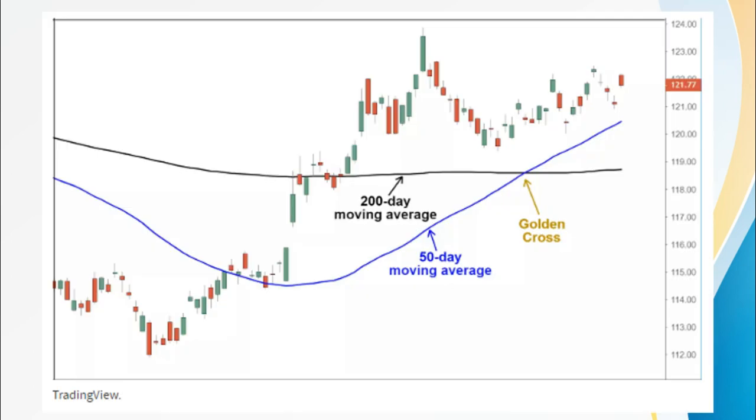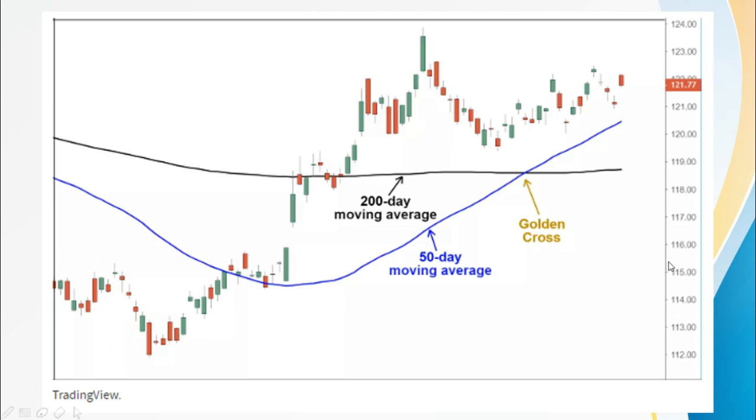So here is an example of what a golden cross will look like. This black line here is the 200-day moving average, and this blue line indicates the 50-day moving average. When the smaller time period's moving average crosses above the longer time period's moving average, we have the golden cross appearing. So this is what a golden cross will look like when you apply it on a candlestick chart.